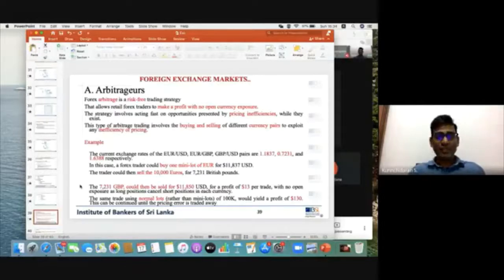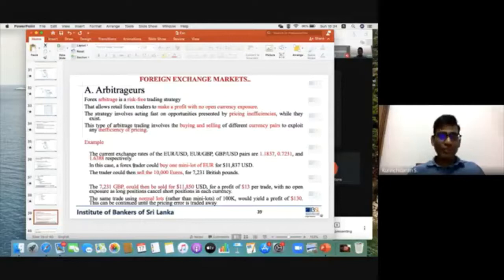Now you understand what open currency exposure is. If you are long, it is still open currency exposure. If you are short, it is still open currency exposure. But if you buy and sell and your position is zero, that means you don't have assets as well as you don't have liability. That means there's no open currency exposure, no open position.